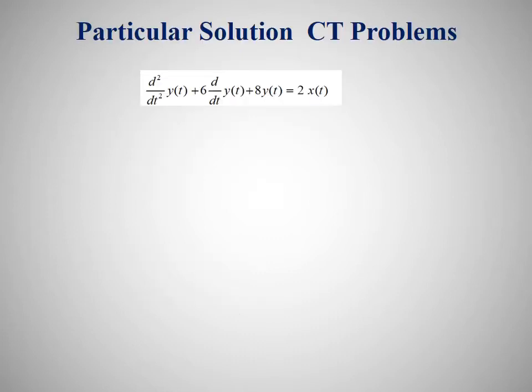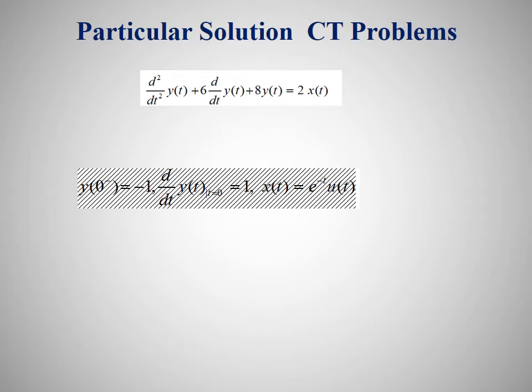The next problem considers the differential equation d squared y by dt squared of t plus 6 into d by dt of y of t plus 8 into y of t is equal to 2 into x of t. With the initial conditions given here, y of 0 minus is equal to minus 1, d by dt of y of t at t equal to 0 is 1, and x of t is equal to e power minus t u of t.